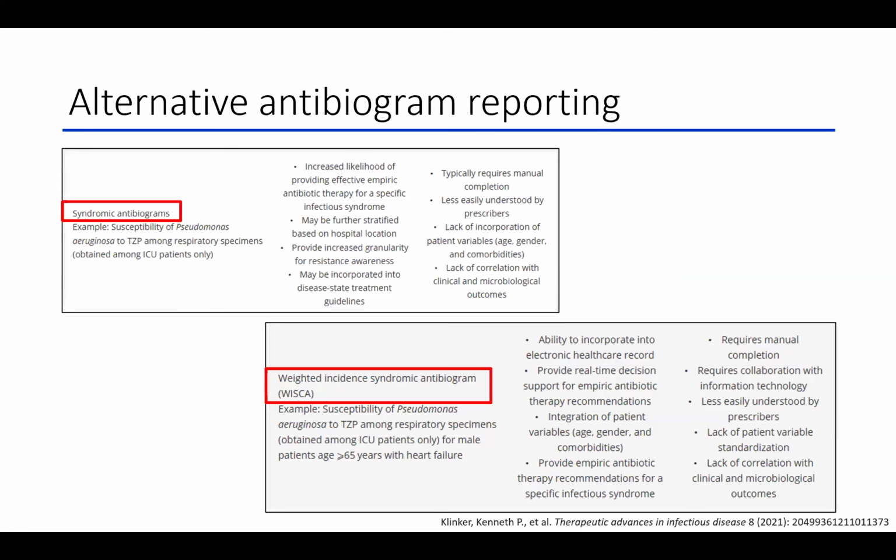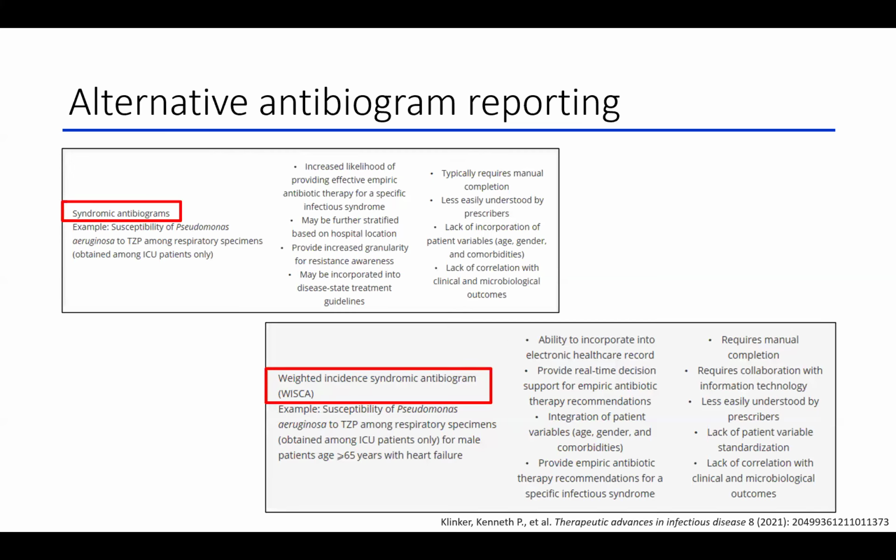Right now, traditionally, they're all comers, everything from blood to superficial wound swabs, all put together, which doesn't really reflect what's going on in the hospital. And definitely patient conditions aren't reflected either. So like I said, you could do syndromic, also a weighted incidence syndromic antibiogram, the WISCA. That basically means I'm pulling ICU patients over 65 with certain conditions.